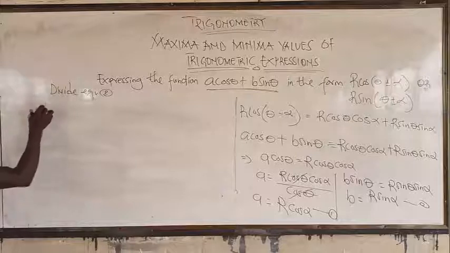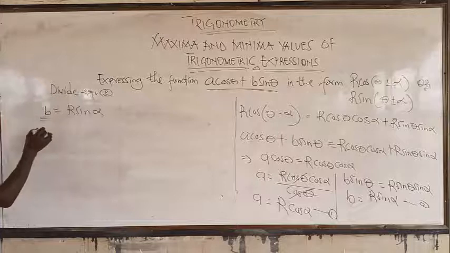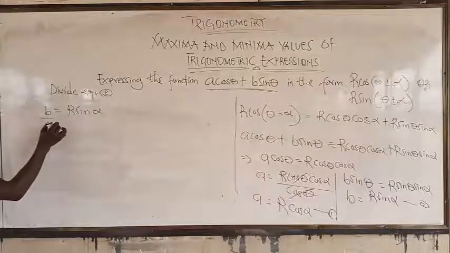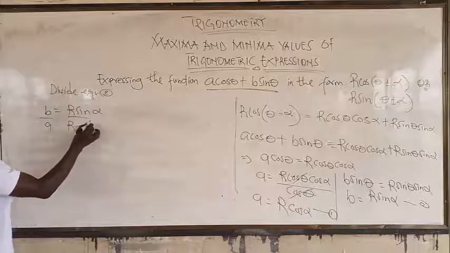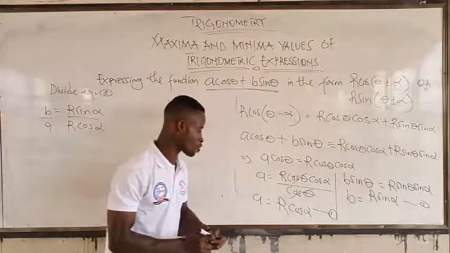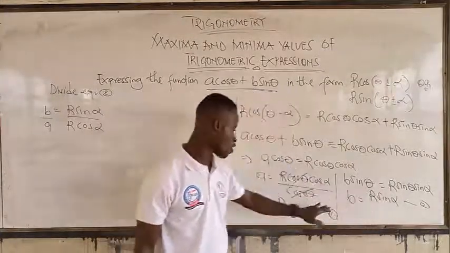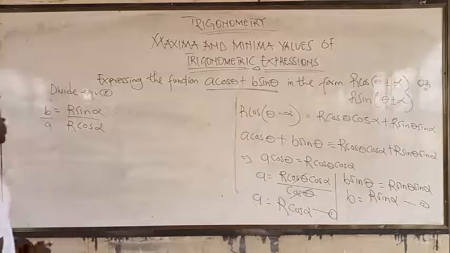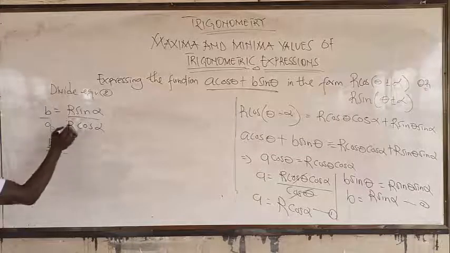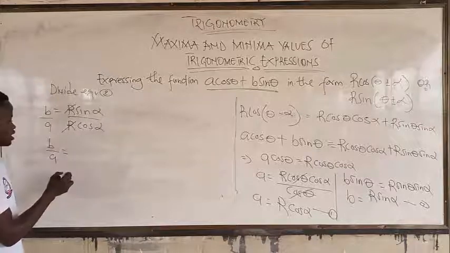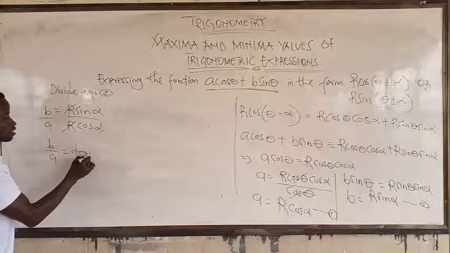So now we get B to be equal to R sine alpha, and this is over A, which is R cos alpha. I hope you can see where it's coming from. You divide B over A, then R sine alpha over R cos alpha, and the R will cancel out, and sine over cos is tan.